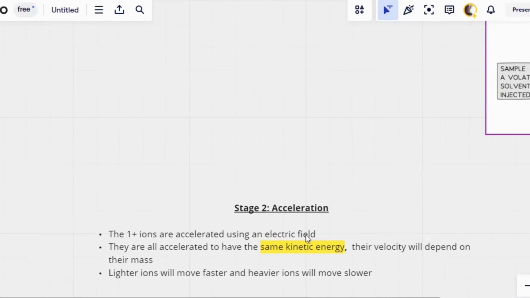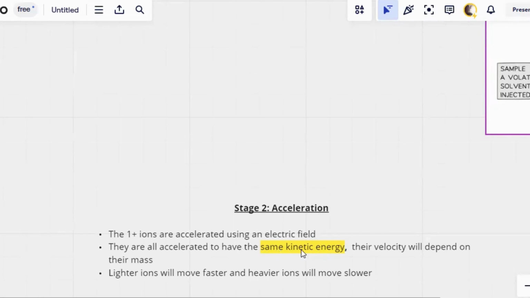This is important for you to remember when completing the calculations. They are accelerated using an electric field and they all have the same kinetic energy.